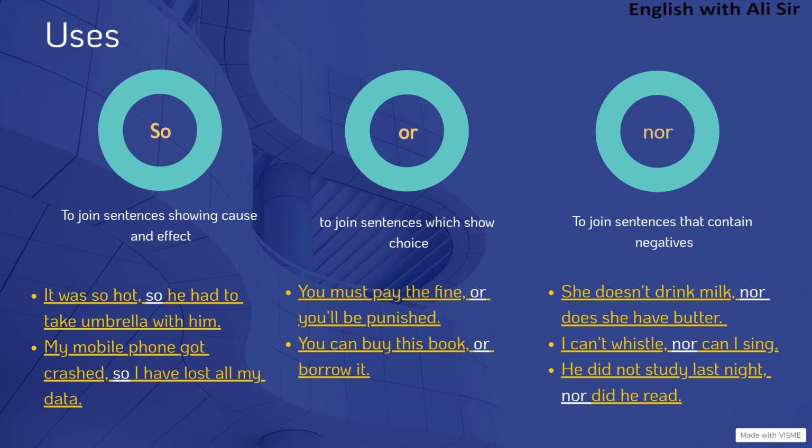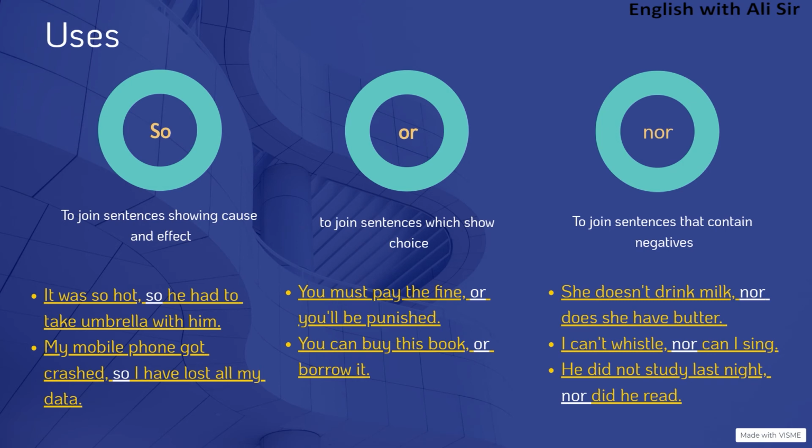The next coordinating conjunction is nor. Nor means also not. It is used to join two sentences or clauses that contain negatives. So you have to understand this. Or is used when there are two positive sentences, nor is used against that for two negatives.